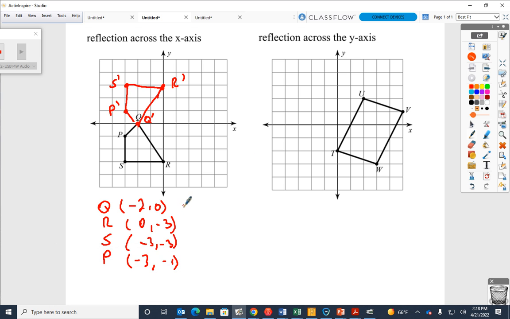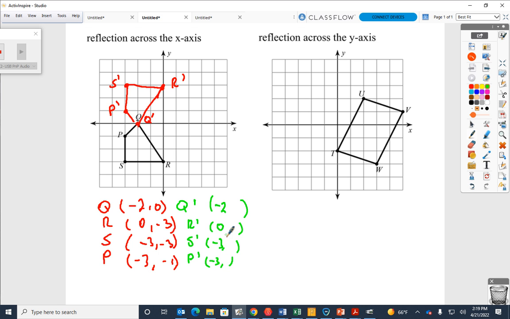Now, if I chose to do this the other way and find the coordinates first, which you can do if you want to, this is Q, this is R, this is S, and this is P. If you read the rule, all of the x's are the same, right? So all of these x values are going to stay exactly the same: -2, 0, -3, and -3.